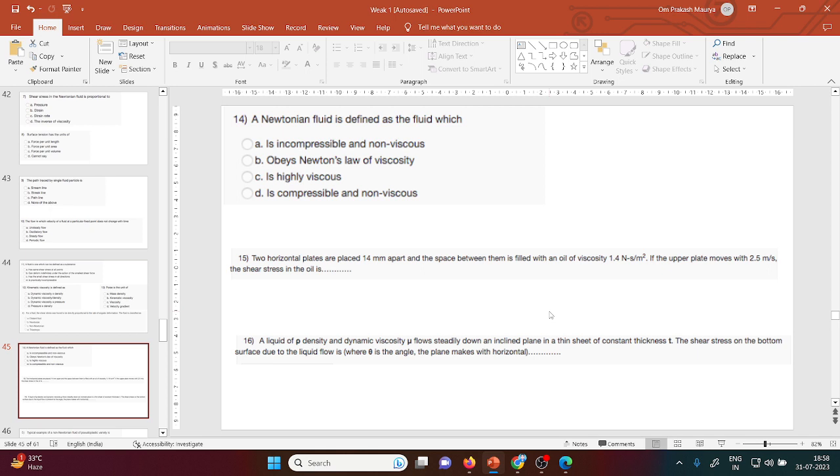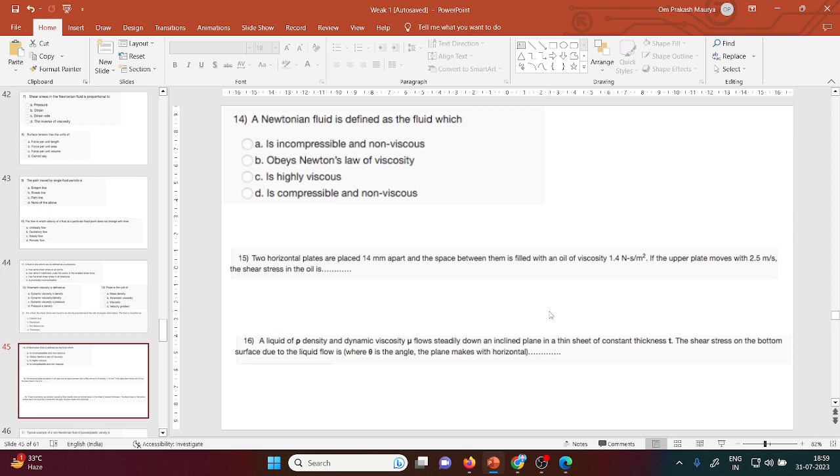These are very basic questions. It is only the relation for Newtonian fluids, the shear stress relationship with shear strain. And you all know that when the distance between two plates is very thin, the velocity distribution is linear or curvilinear.